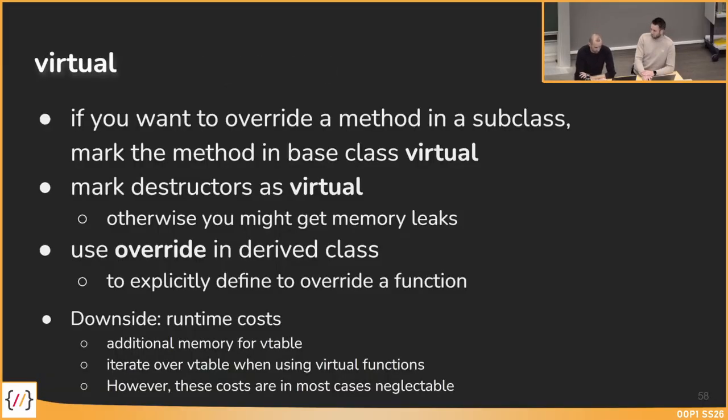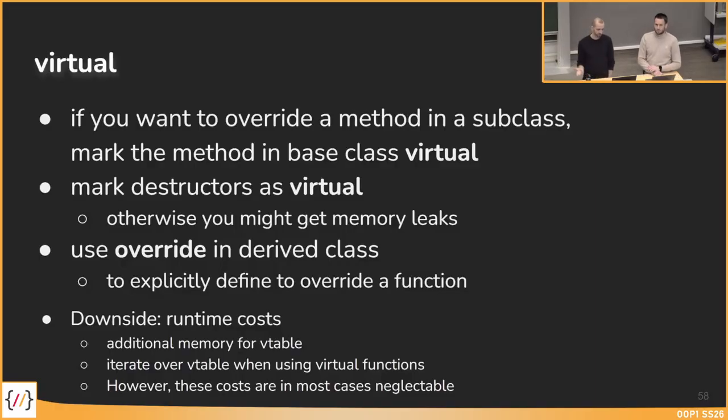So virtual overall means that if you want to override a method in a subclass, then please mark this method in the base class virtual. Also with the destructor, if you have a base class, always make the destructor virtual, because otherwise you have the problem of memory leaks, because only the base class part of this object will be destroyed and the destructor of the derived class is not called.